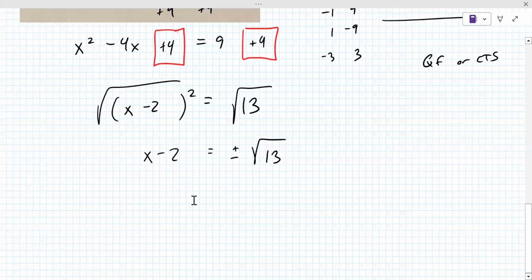What's the last thing to do here? The 2 to the other side to get X alone. There you go.